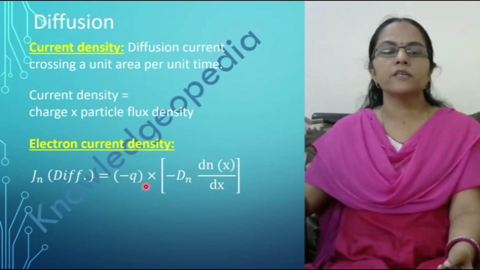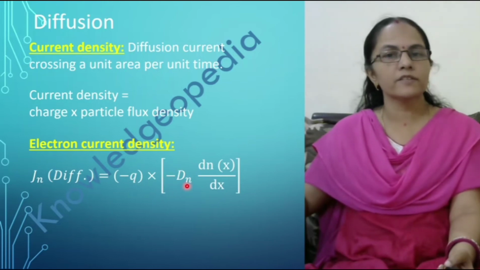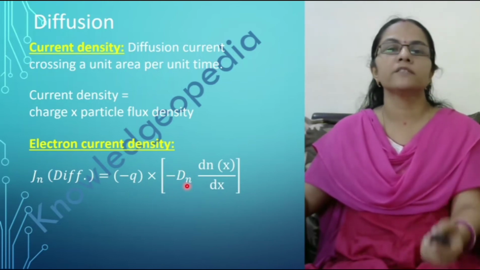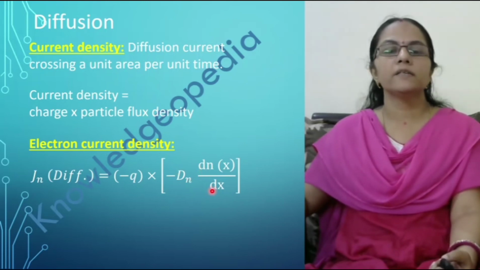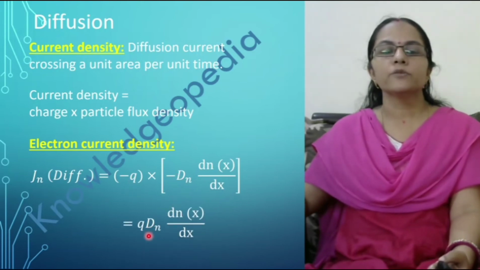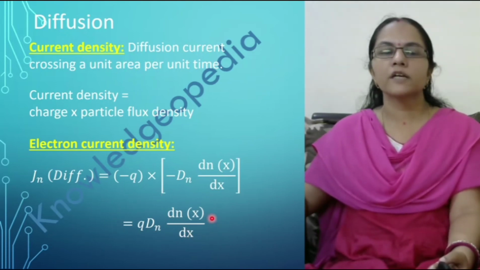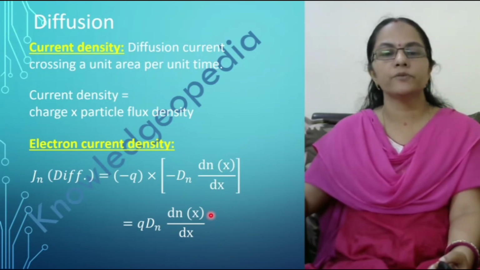So it is minus q into the flux density that we just saw in the previous slide, which is minus Dn dn by dx. Multiplying this minus and this minus, they become plus. So it is q Dn dn by dx. This is the contribution to the current density due to electron diffusion.